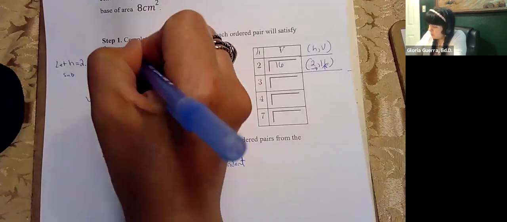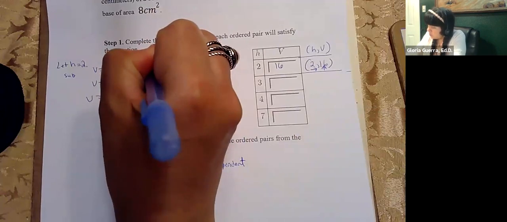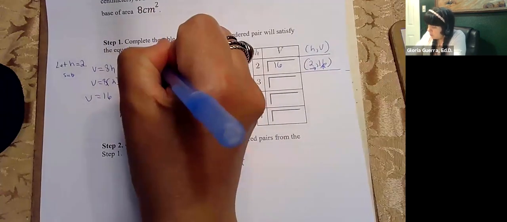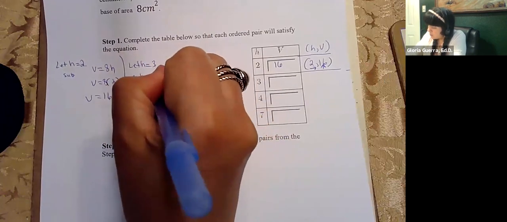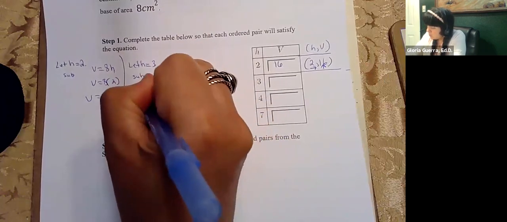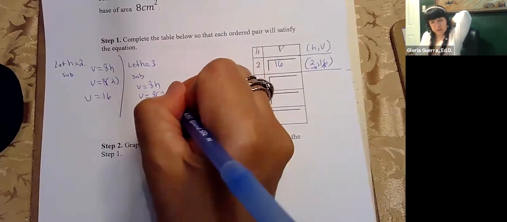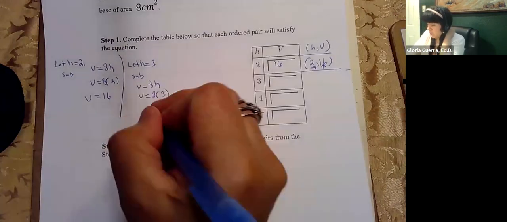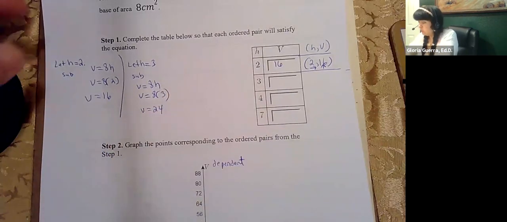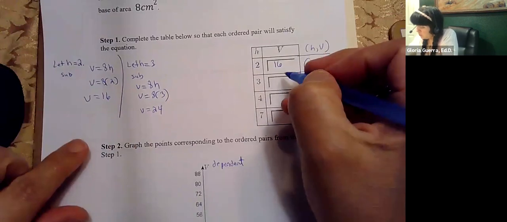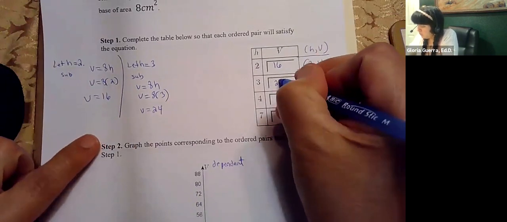And then when you let h be 3, you substitute into b is equal to 8 times h, where h is 3, and you see 8 times 3 is 24. And so when you're substituting 3, you get 24.